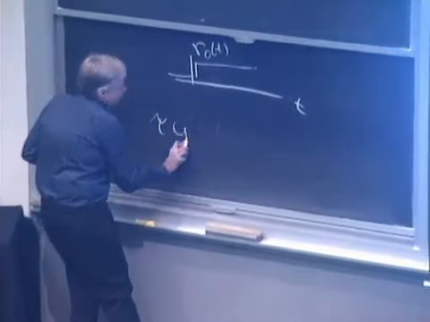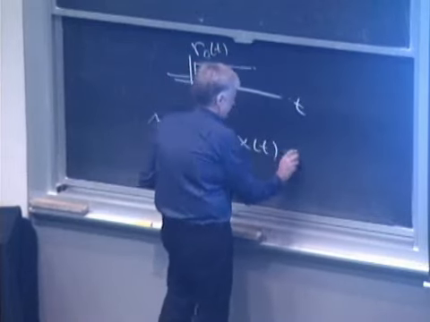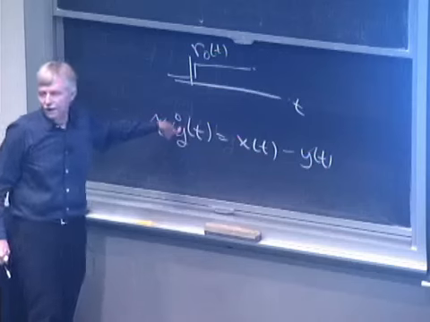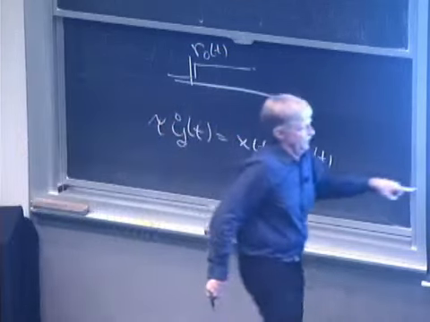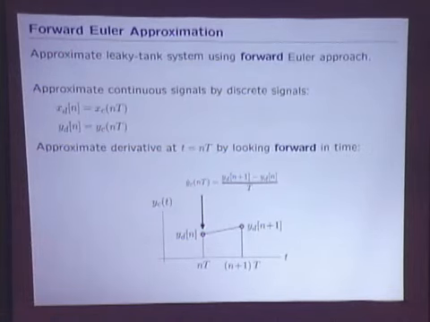Then the trick to solving the differential equation, remember the differential equation looked like tau y dot of t equals x of t minus y of t. I need to have a way of thinking about this y dot thing. A way of thinking about the y dot thing would be the slope of the line that connects this sample to the next sample.